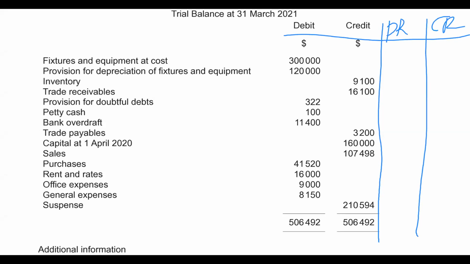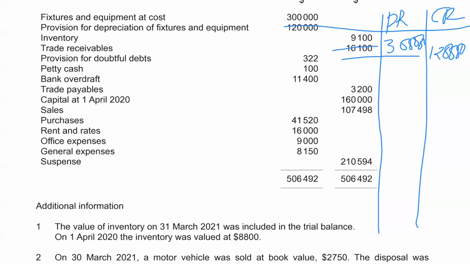So I'm saying that for the first transaction, it will be on the debit side, okay? 300,000. Then the second transaction, I said it was going to be on the credit side, like 120,000, okay? Then for inventory, we don't record this inventory because of the adjustment that I'm just explaining, that you record the inventory on the 1st April of 2020.